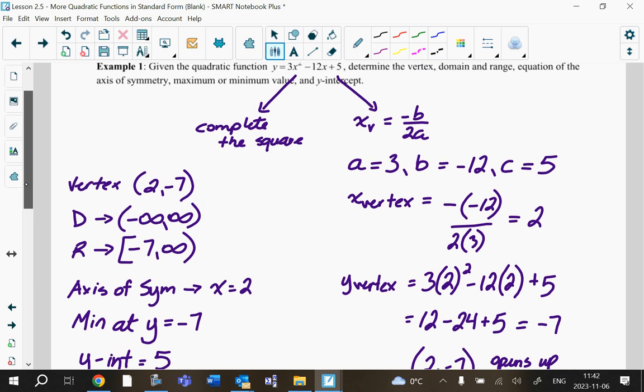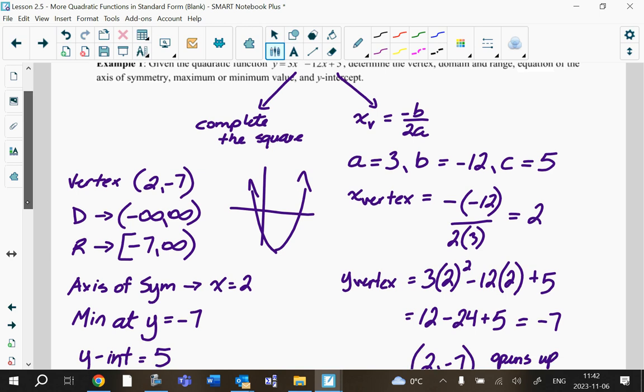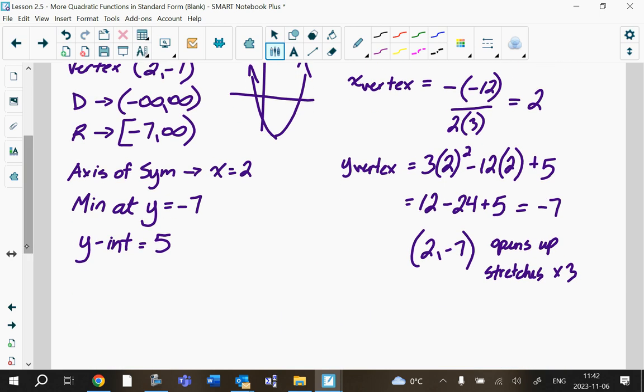And finally, the number of x-intercepts, you have to think of where it is on the graph. So 2, negative 7, it's down here somewhere, and it opens up, right? 2 x-intercepts.